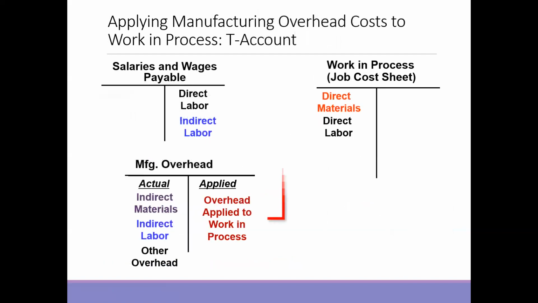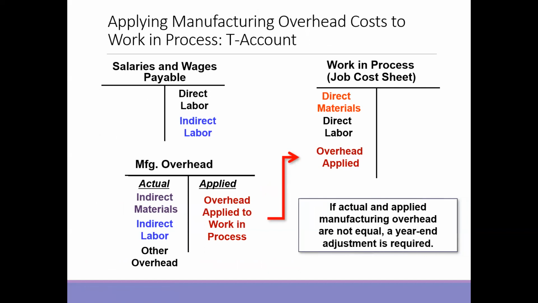Now, you see, we've got this big pot of manufacturing overhead where we're putting our actual expenses. But what we process over to our work in process while we're in production is only the applied amount. You know, we've created this predetermined overhead rate. And so we're applying based on our best estimates, what we're applying to the jobs.